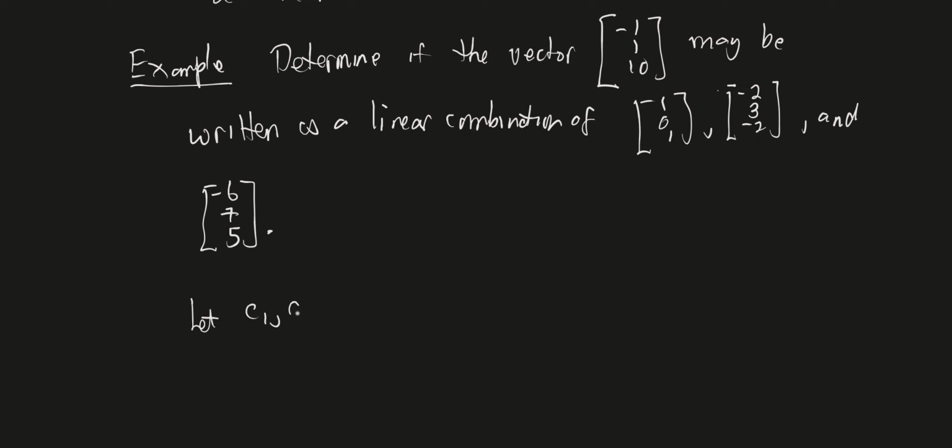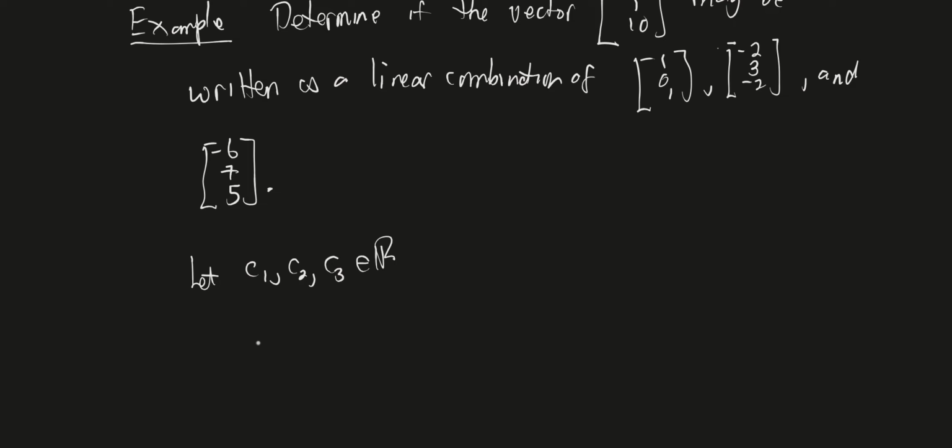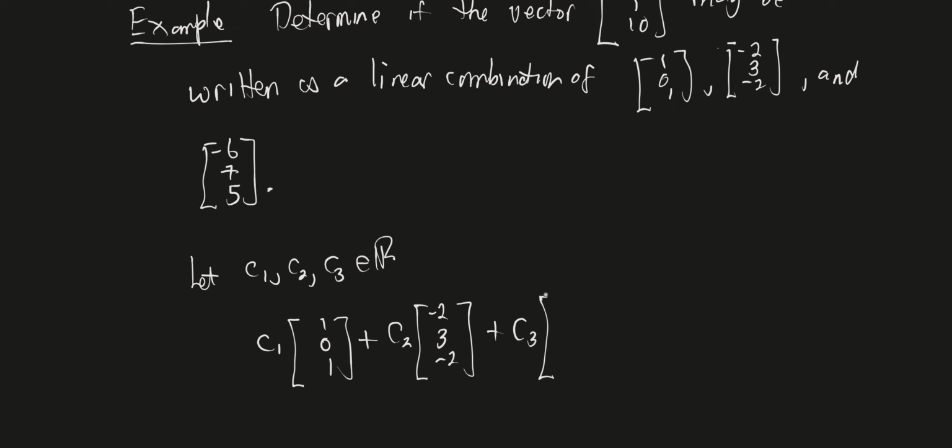So let c1, c2, c3 be our constants. And what this question is asking us to do is to see if we can find constants such that c1 times my vector 1, 0, 1 plus c2 times my vector -2, 3, -2 plus a constant times my third vector -6, 7, 5.